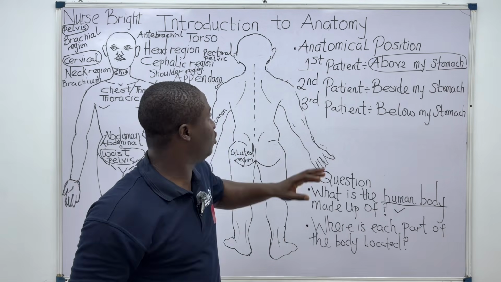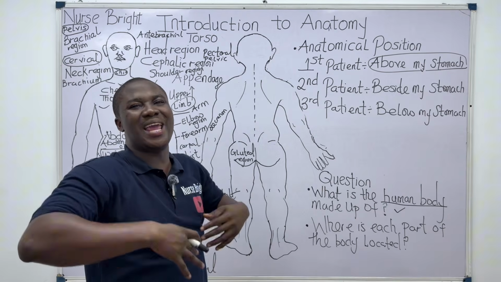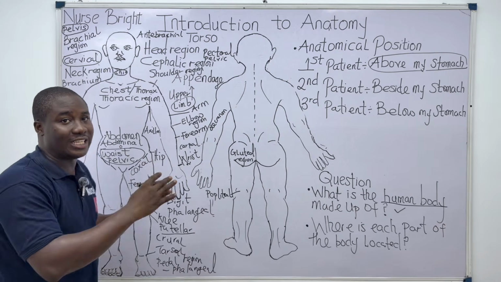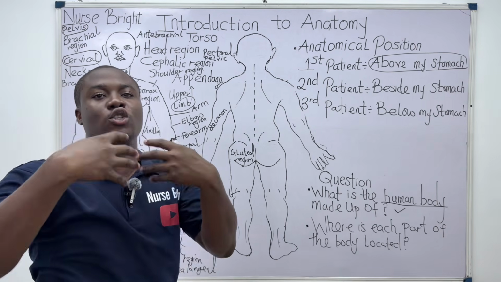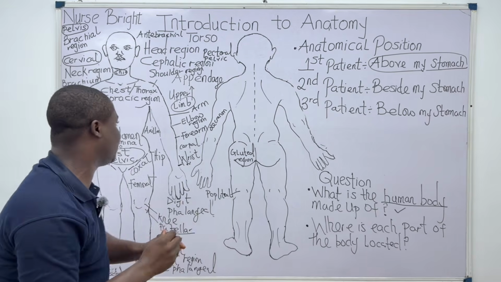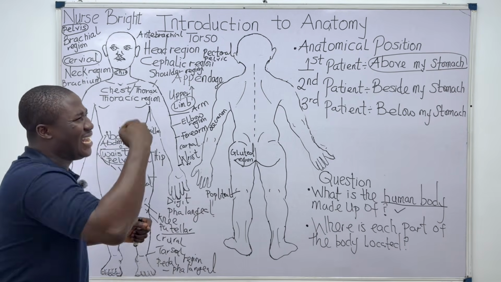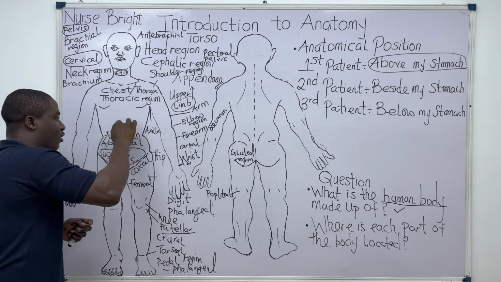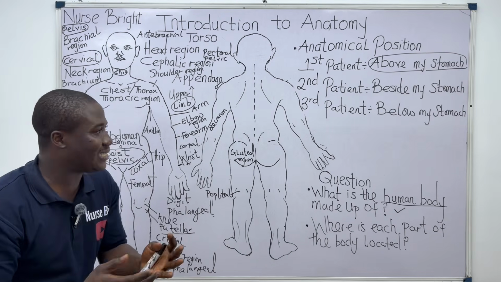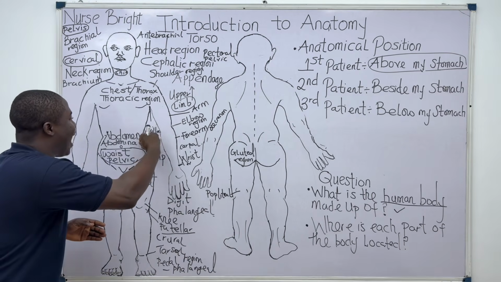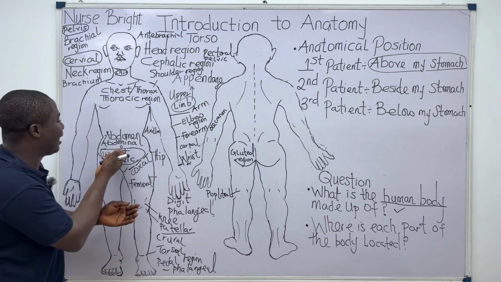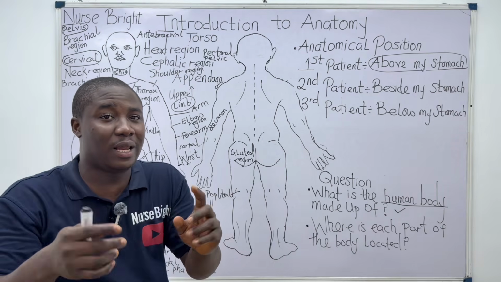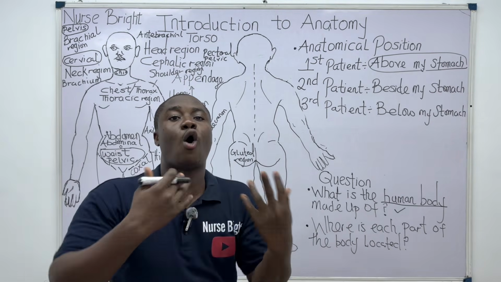The first patient said he is feeling the pain above his stomach, so maybe he can be feeling the pain in this region. Beside my stomach, maybe at the side, and below my stomach, maybe close to the pelvic region or something like that. So you can see the problem. All of this could lead to confusion.